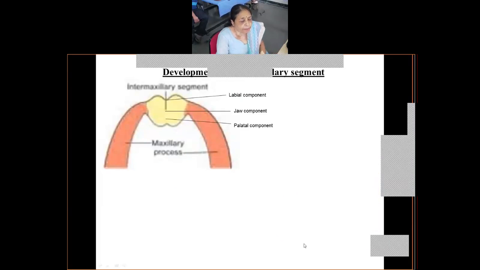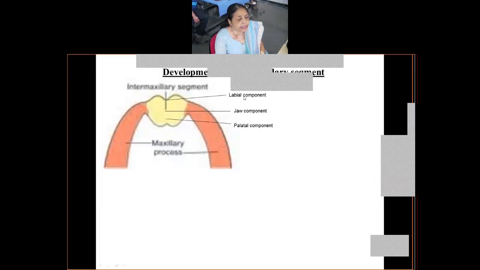Now come to the development of the intermaxillary segment or the premaxilla. Okay, so there are three components. One, the medial nasal component, will form the bridge, the crest of the nose and the tip of the nose.